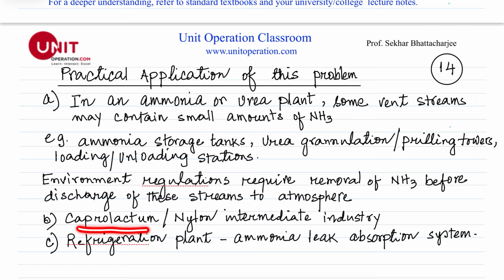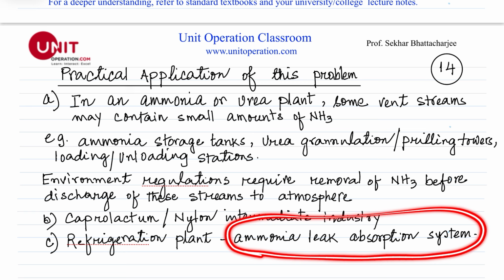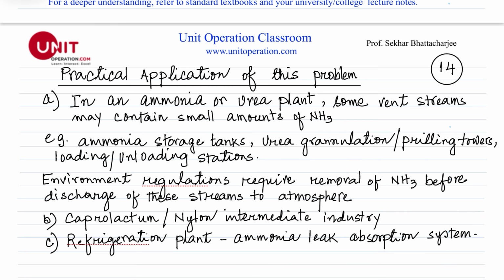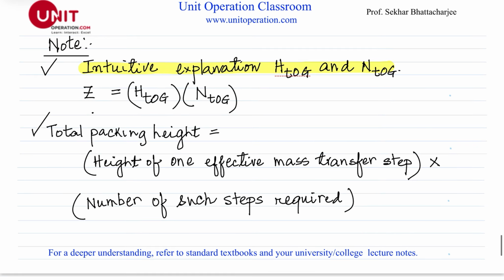Also, in caprolactam nylon intermediate industries, there's a significant discharge of ammonia. In refrigeration plants, we use ammonia refrigeration. There could be an ammonia leak in the refrigeration system, so some ammonia will come out, which needs to be absorbed in water before the vent stream is discharged to the environment.